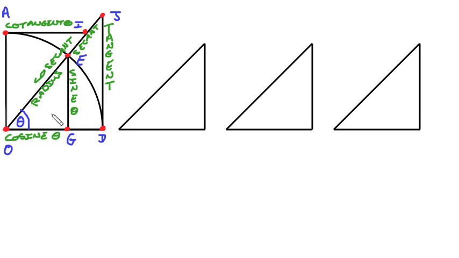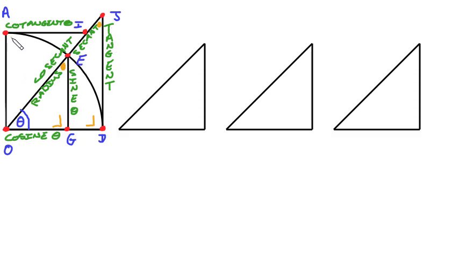So, because this angle here is a right angle, and this angle here is a right angle, this angle in here is the same size as this angle up here. And this is all coming from the properties of similar triangles.